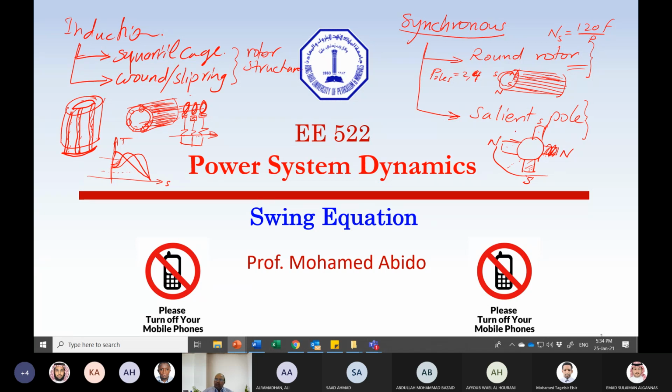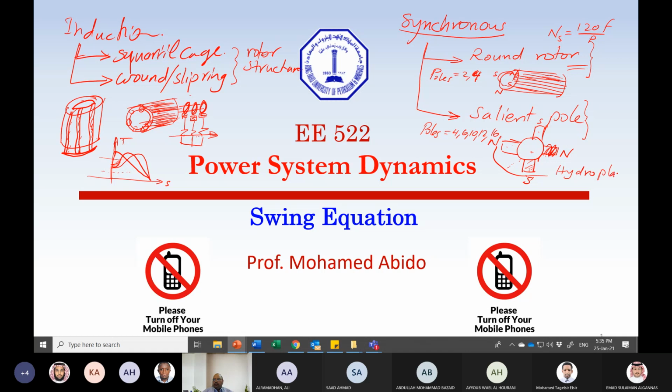But here you can have a number of poles like 4, 6, 10, 12, 16, whatever. You can have a high number of poles, and the synchronous speed is limited. So this type is more suitable to a hydro power plant.